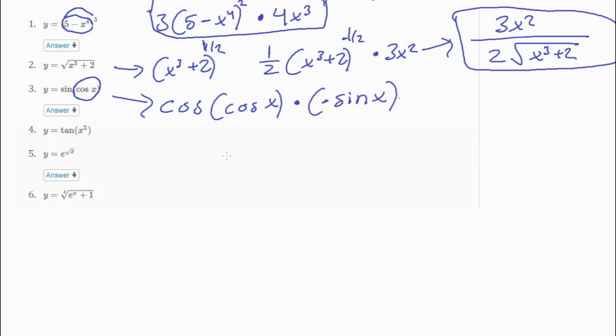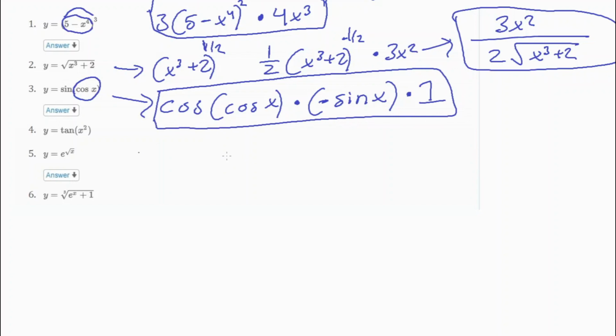And then we would multiply by the derivative of whatever's inside cosine x, which is just x. The derivative of that is 1. So we really don't need to write it out, but just in case it's not x, it's like 2x or a variable with a constant or multiple exponents, it's a good rule to know. So that would be your answer.